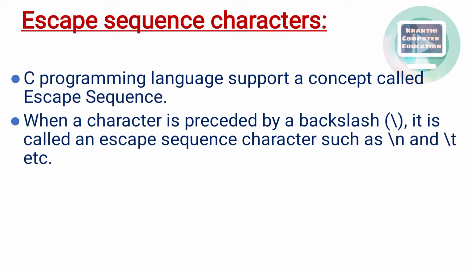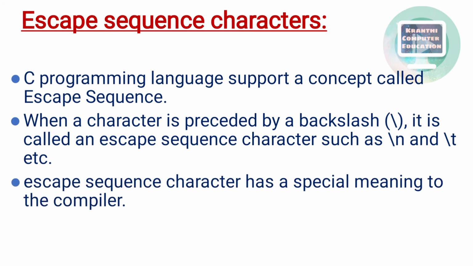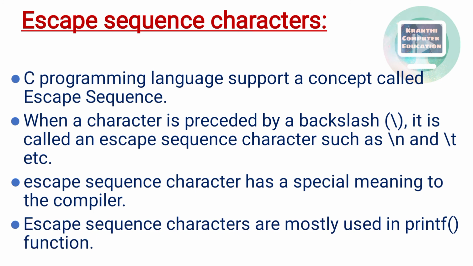Here \n and \t are examples of escape sequence characters. An escape sequence character has a special meaning to the compiler. Each escape sequence character is used for a specific purpose inside the text. Escape sequence characters are mostly used in the printf function while printing the output on the screen.